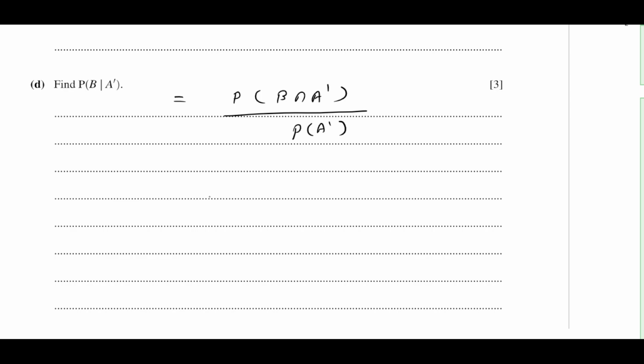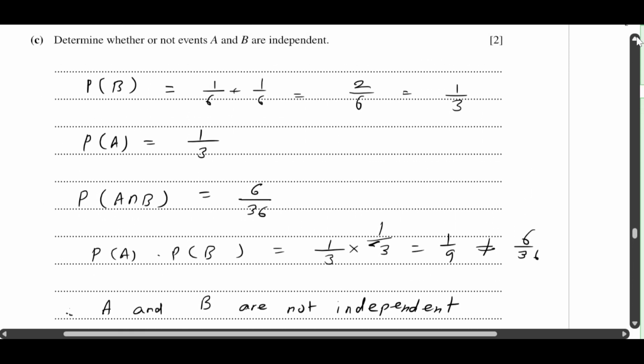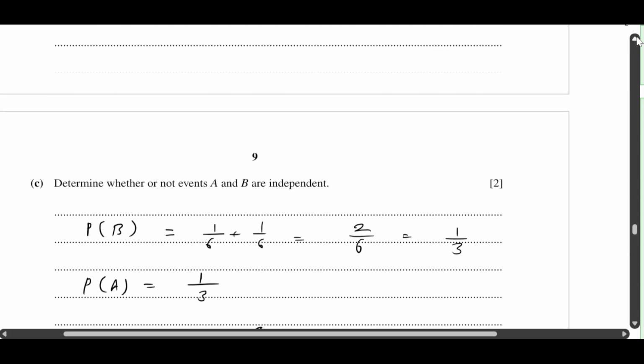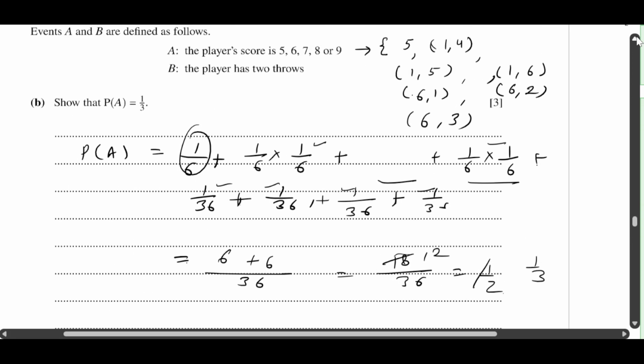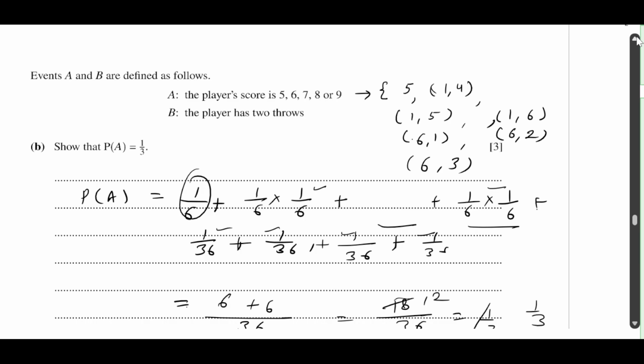Now, the probability of A is that I'm getting a score of 5, 6, 7, 8 or 9. I'm getting these scores, so 5, 6, 7, 8 or 9.